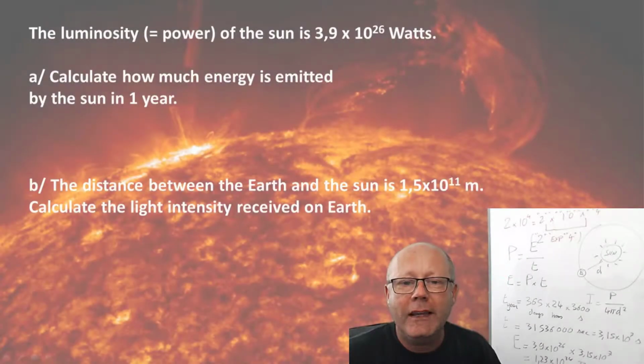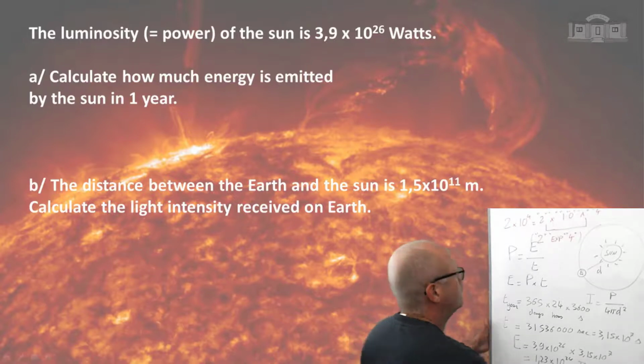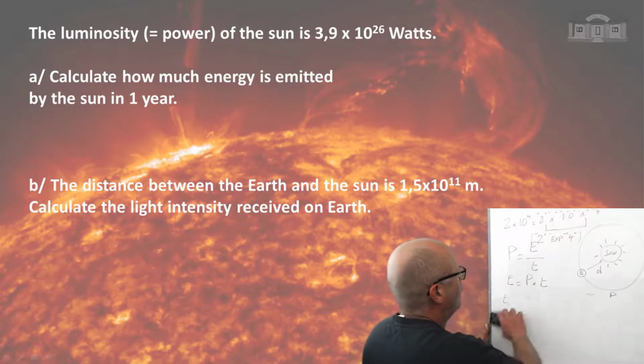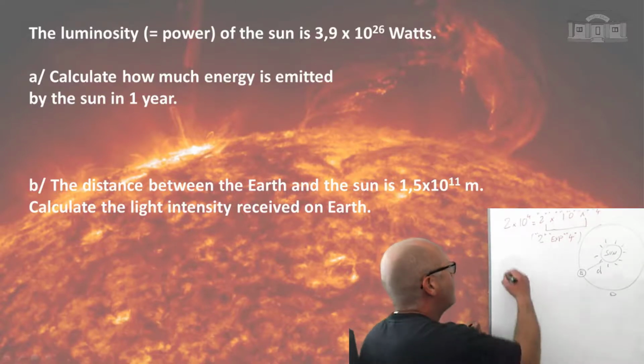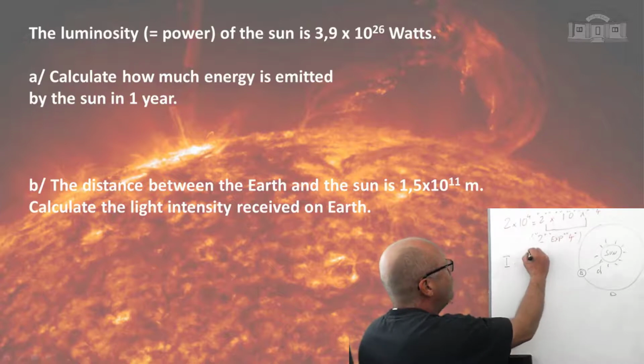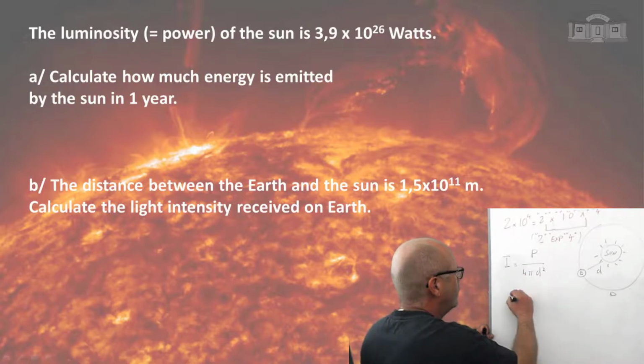The distance between the Earth and the Sun is 1.5 × 10^11 meters. Calculate the light intensity received on Earth. So the intensity is the power divided by 4πd².